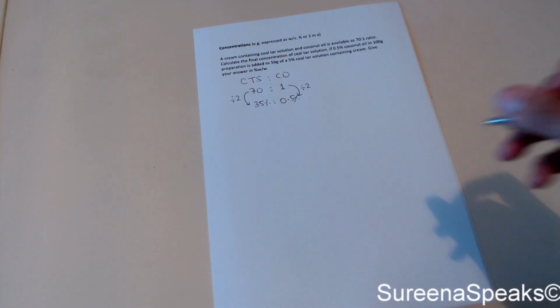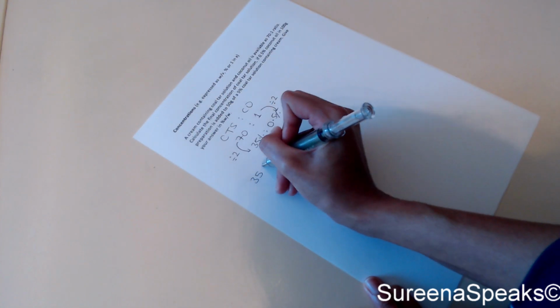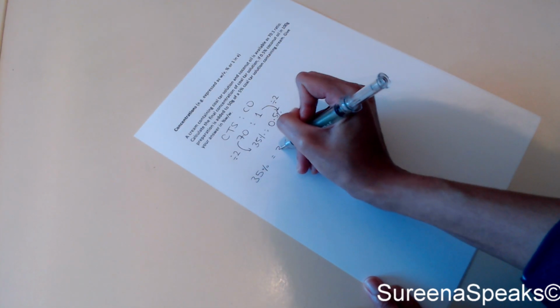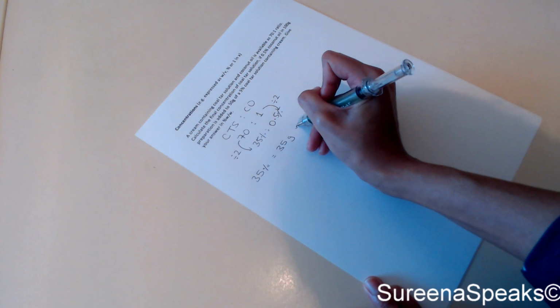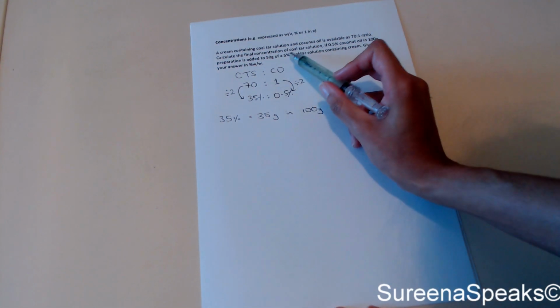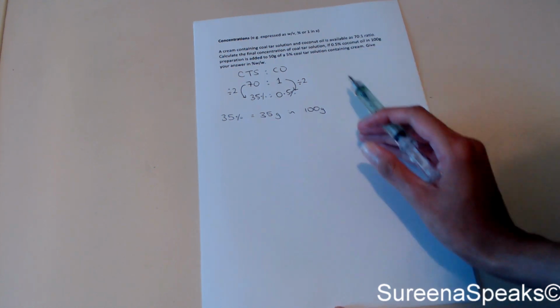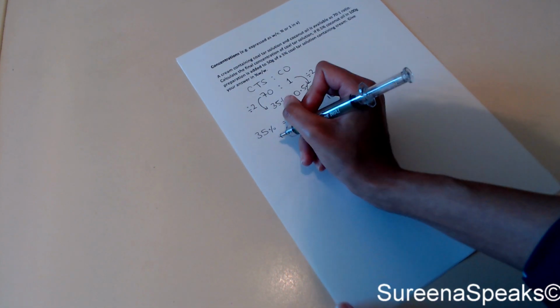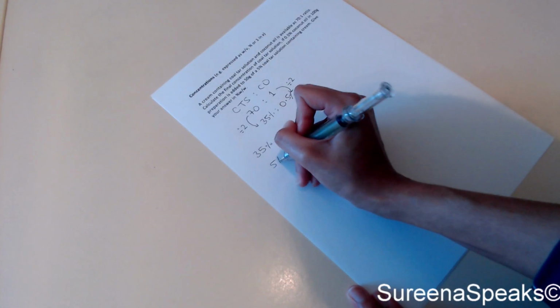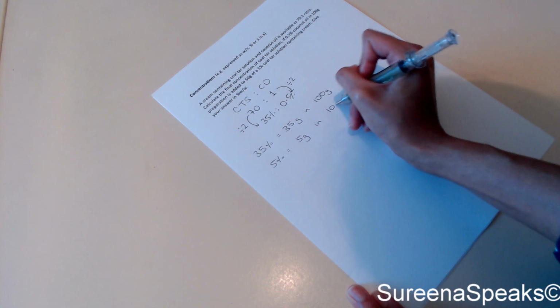Now, what does that 35% actually mean? Well, 35% means 35 grams in 100 grams. And over here, we're told that we have 50 grams of a 5% coal tar solution containing cream. So with that in mind, 5% we know means 5 grams in 100 grams.